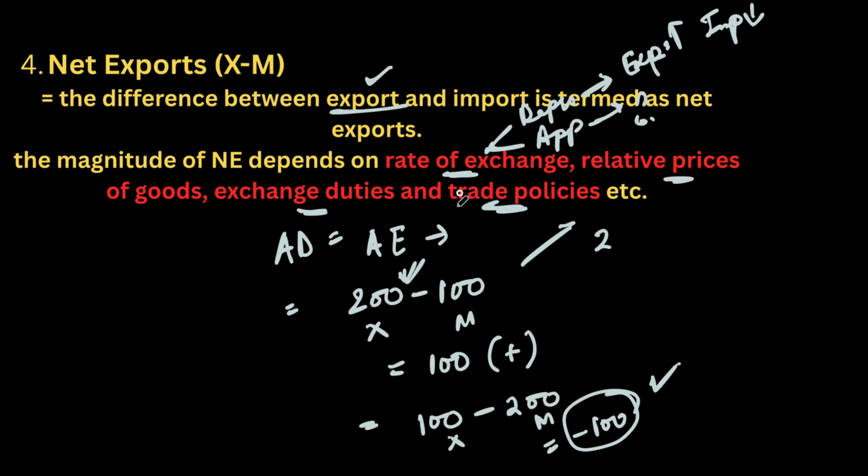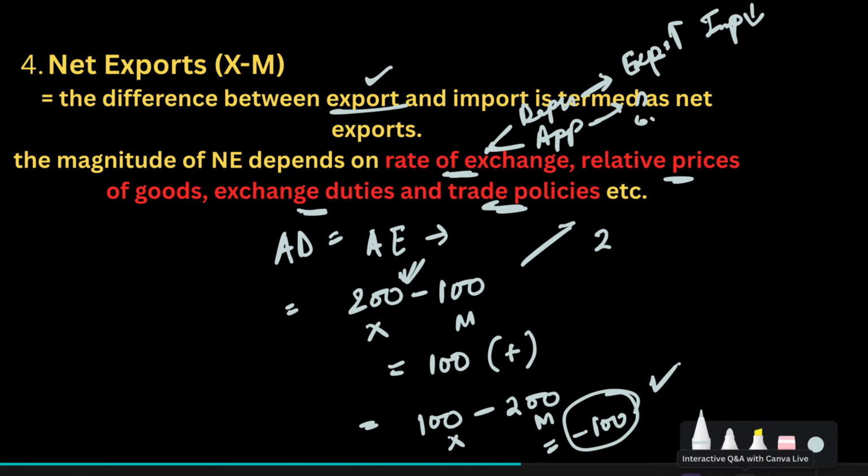So these are the four components which comprise aggregate demand.